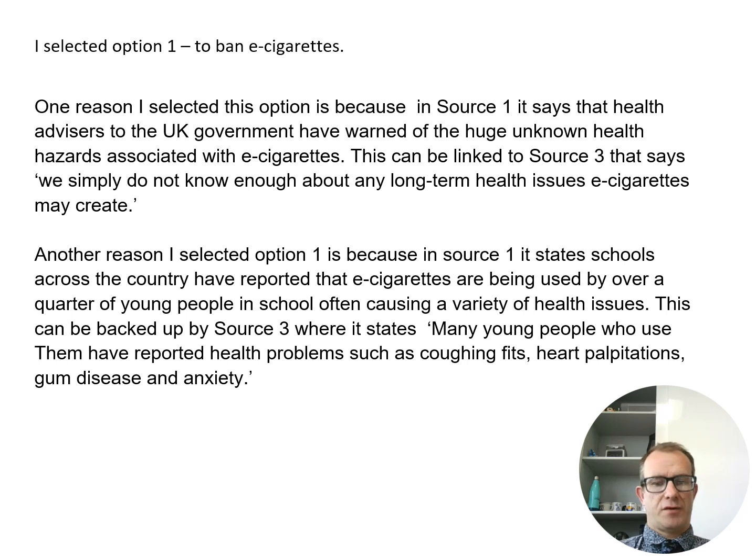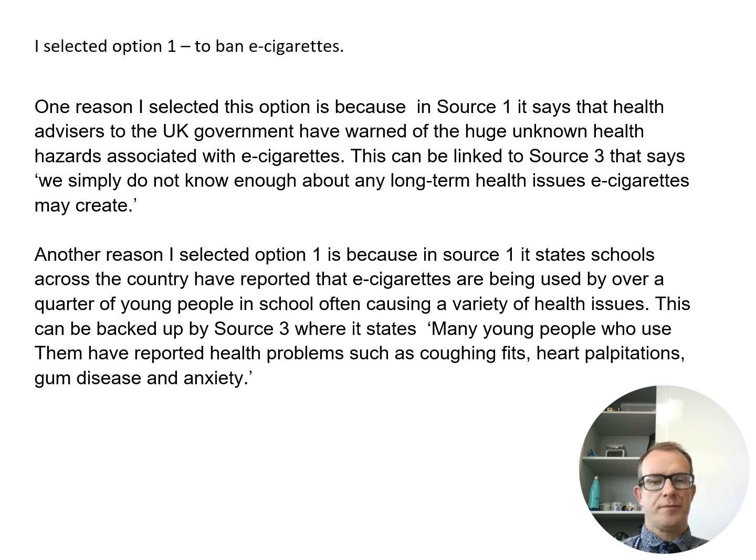Paragraph 1 is worth 2 marks. You've given 2 examples: option 1 to ban e-cigarettes, because source 1 says that they cause huge unknown health hazards. Source 3 backs this up, that we don't know enough about the long-term health issues e-cigarettes cause. So you've given 2 examples, that's 2 marks.